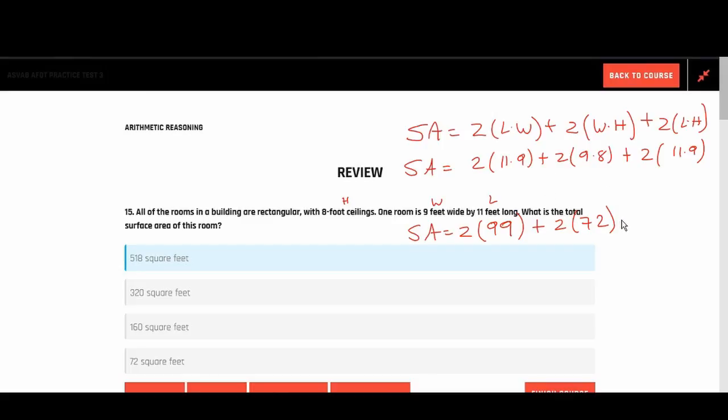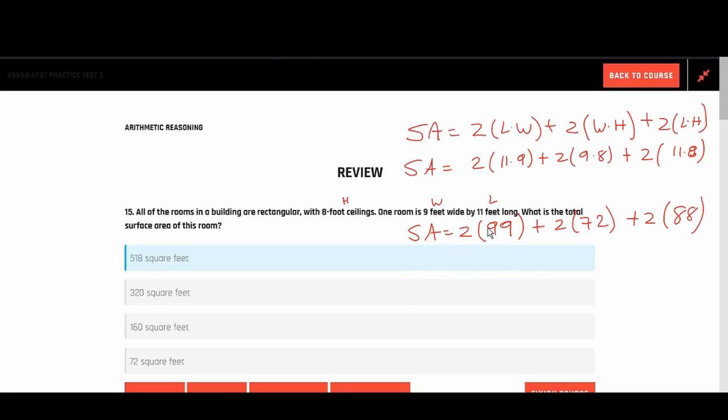And 2 times... Oops, I made a mistake here. This should be 8 right there. The height is 8, not 9. Plus 2, 11 times 8 is 88.